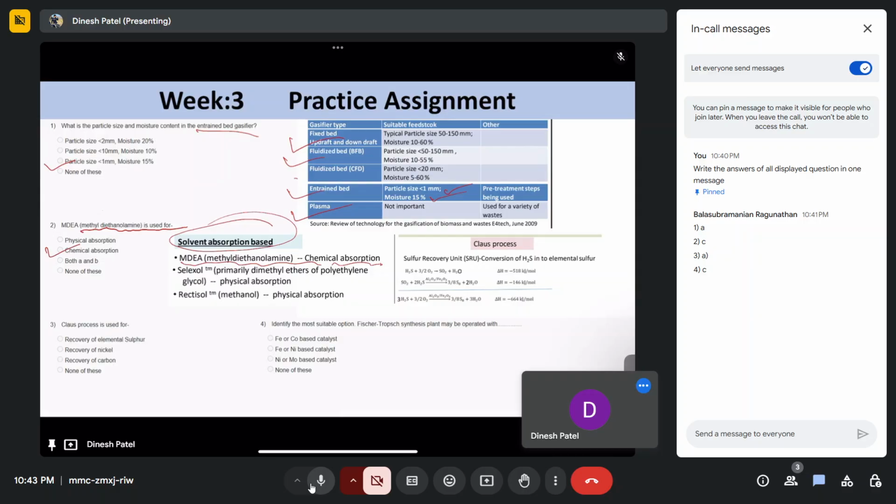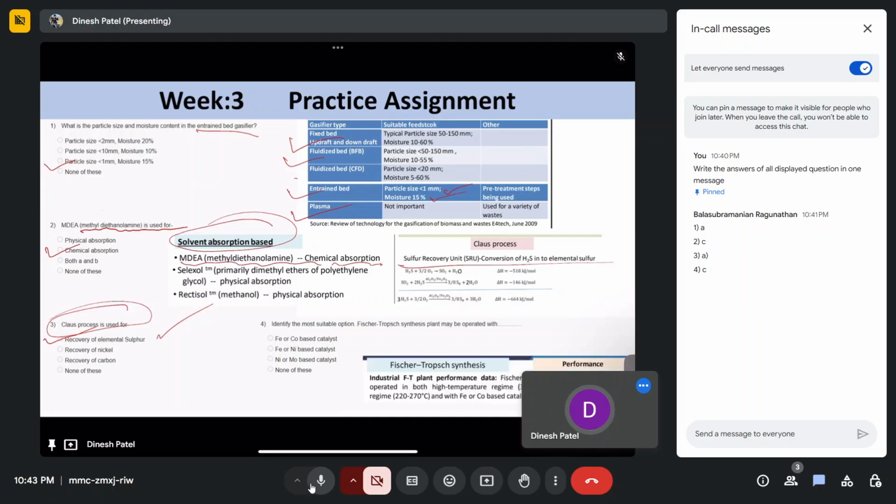Third question was the Claus process. As we know, the Claus process is used to recover elemental sulfur. So the correct answer is A. The fourth question was: identify the most suitable catalyst with which a Fischer-Tropsch synthesis plant may be operated. Fischer-Tropsch synthesis is used for the synthesis of biodiesel from syngas. In this, you can see it is used with an Fe or cobalt-based catalyst. So the correct answer is A. So these are all the correct answers. Now let's move towards the second slide.